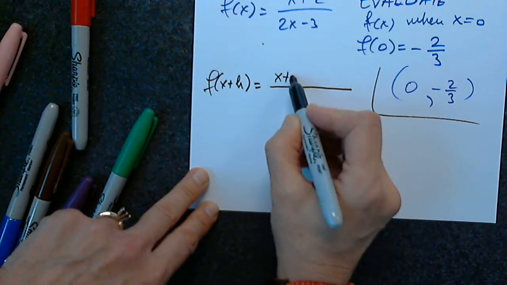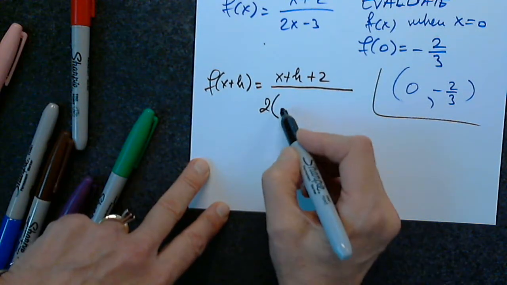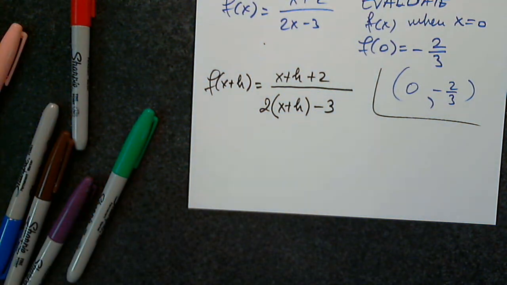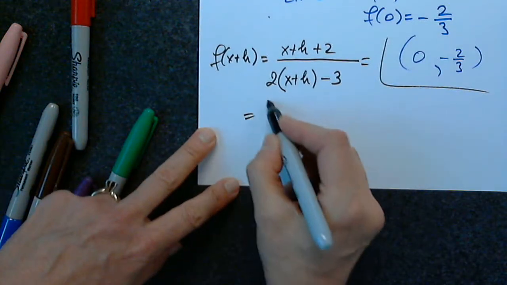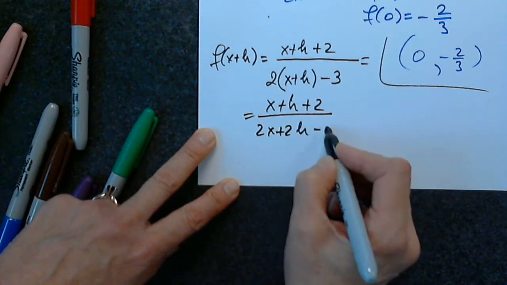X plus h plus 2, perfect, over 2 times x plus h. That's it. Because I had the pattern in my head already: whatever plus 2 over 2 times whatever minus 3. And this time whatever is x plus h. Yes, I will take it one more step and write 2x plus 2h minus 3.